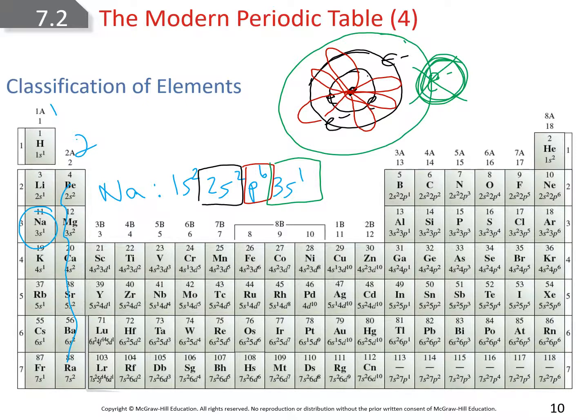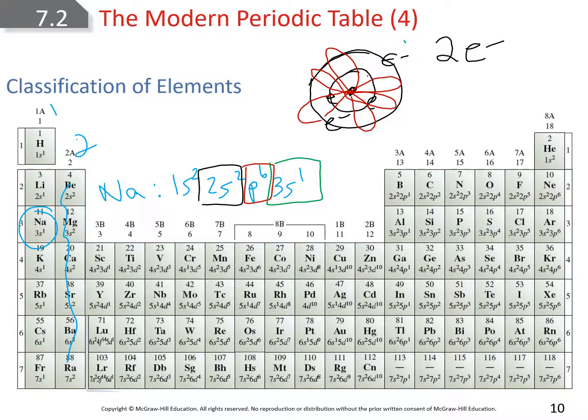So if I get rid of that electron, what's left for sodium are 2 electrons from the 1s, 2 electrons from the 2s, and 6 electrons from the 2p. This right here now becomes its outermost electrons. Once I've gotten rid of the valence electron, the green valence electron is now gone. It's been given up.